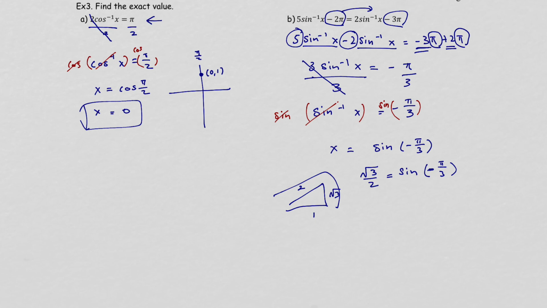It's in the fourth quadrant. And in the fourth quadrant, this value in sine is going to be also negative. So for this reason, it had to be the fourth quadrant. And in the fourth quadrant, sine is negative, right?